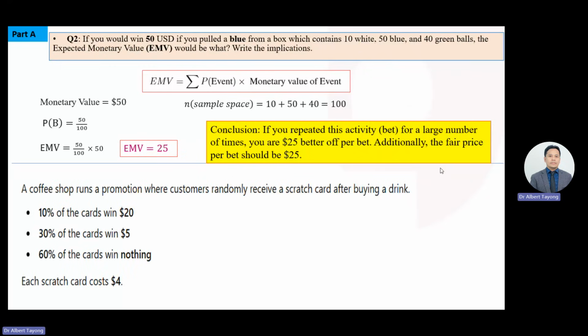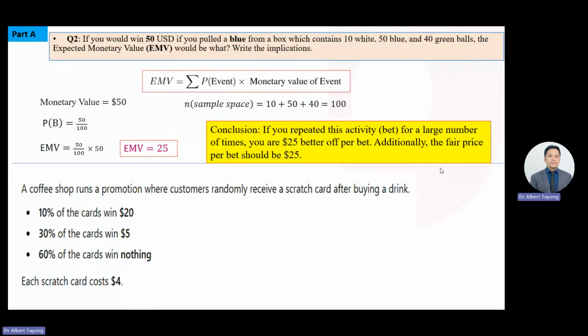And each scratch card costs $4. So the question is, are you going to join? Are you going to participate? Are you going to buy or receive this particular scratch card, for example, positively?